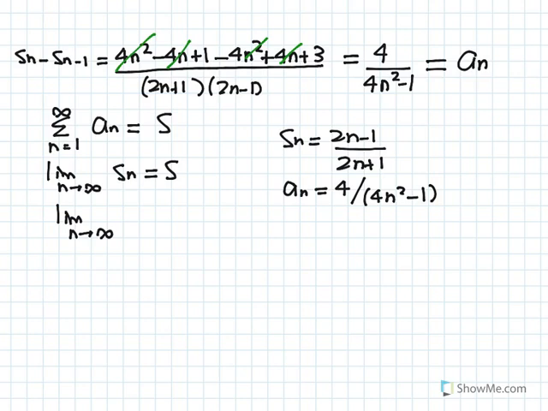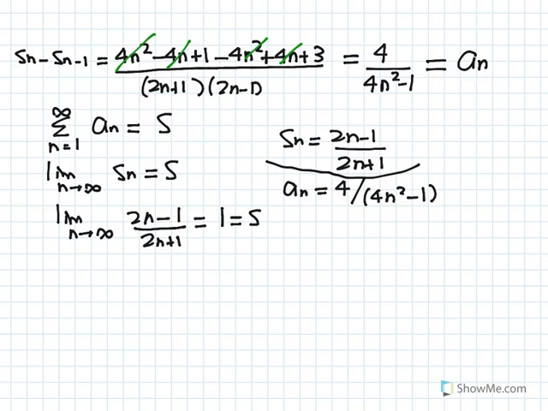So let's take the limit of Sn as n goes to infinity. That's the limit as n goes to infinity of (2n minus 1) divided by (2n plus 1). Dividing by the highest power, divide by n, take the limit, and we get 1.